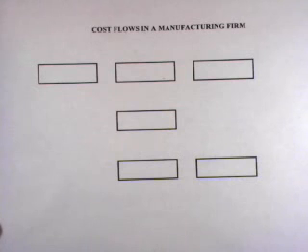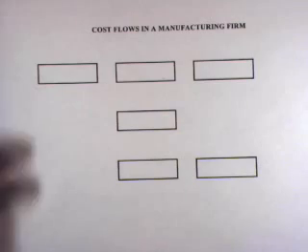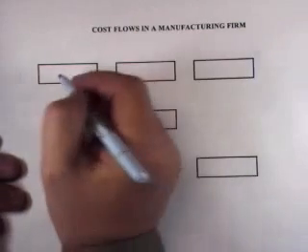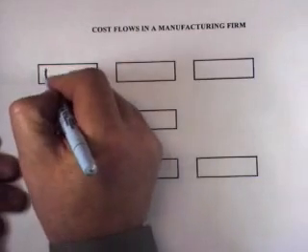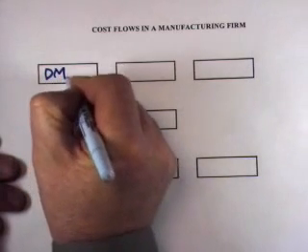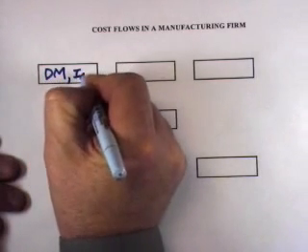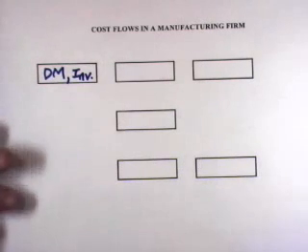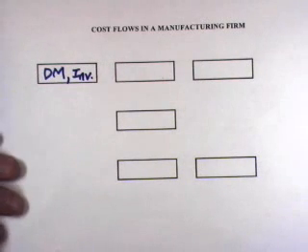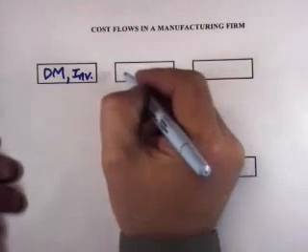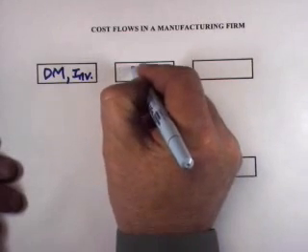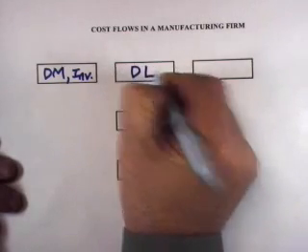For the manufacturing firm, there are three basic product costs, and we'll abbreviate them here. The first one we'll call direct material, and it's an inventory account. Direct material inventory. The second product cost is direct labor, so we'll put DL.